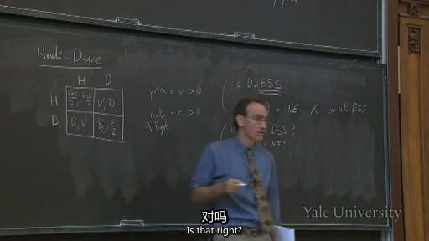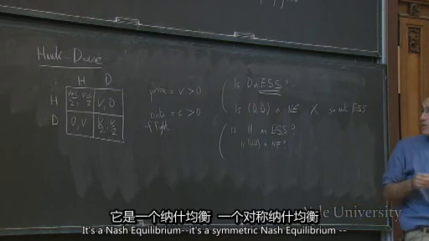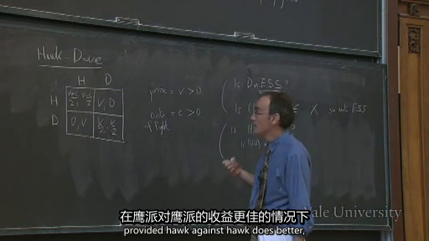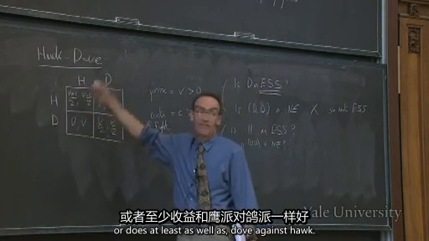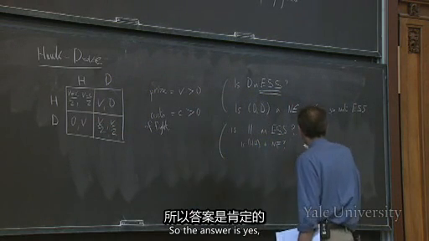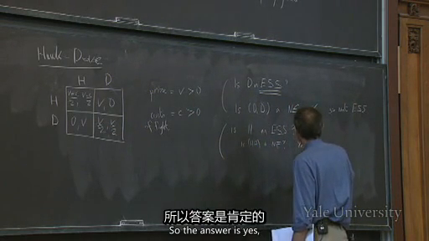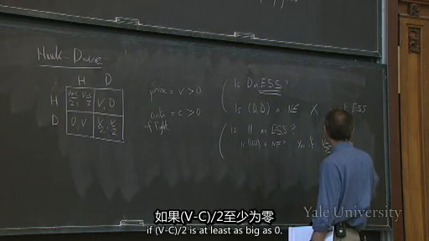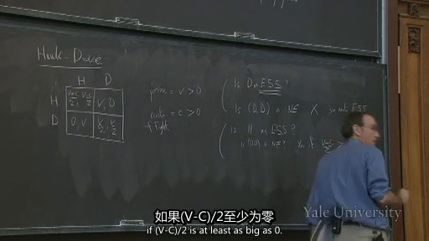Is that right? It's a symmetric Nash equilibrium provided hawk against hawk does at least as well as dove against hawk. So the answer is yes, if V minus C over 2 is at least as big as 0.